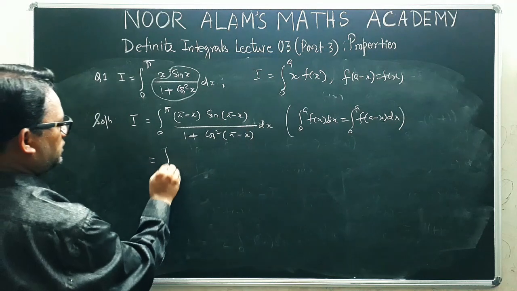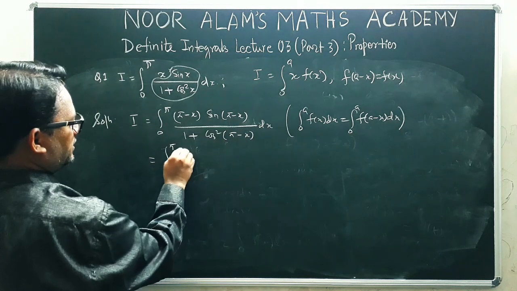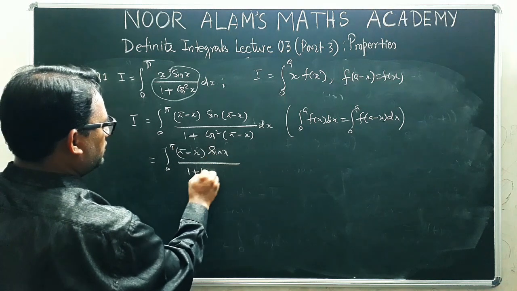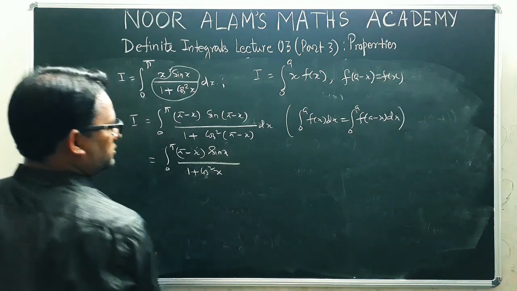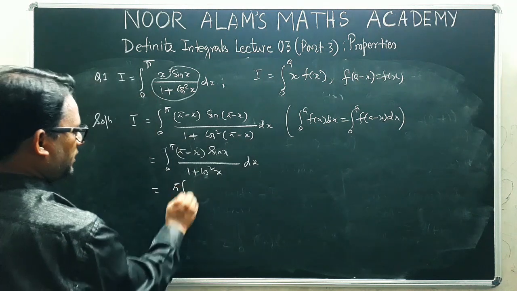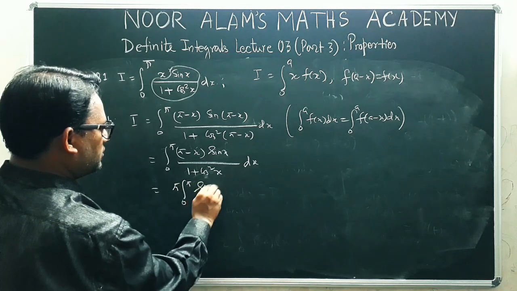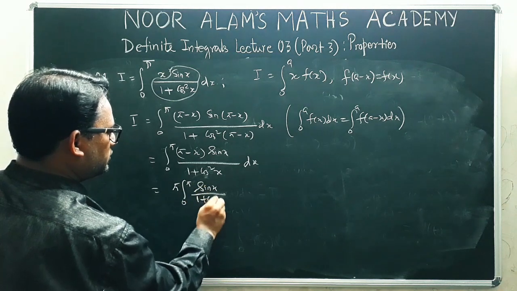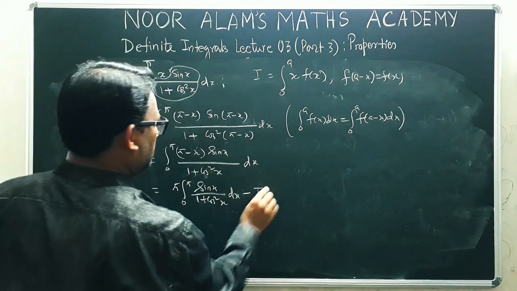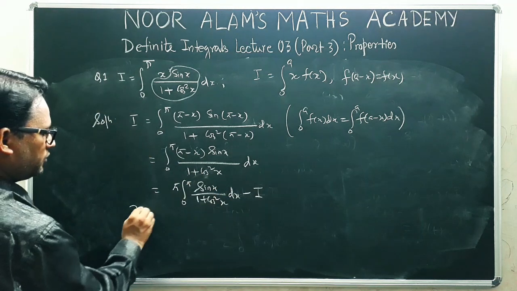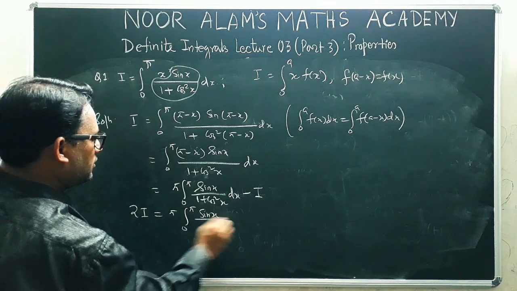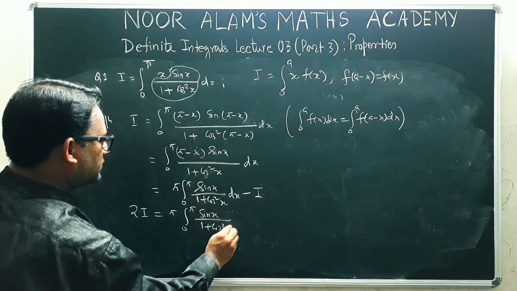Now sin of pi minus x is sin x, and cos square of pi minus x is minus cos x whole square, so you get the positive sign. Now take pi outside: pi times integral from 0 to pi of sin x over 1 plus cos square x dx, then minus the x term, which is nothing but I. Take I on the left hand side, so you get 2I equals pi times integral from 0 to pi of sin x over 1 plus cos square x.